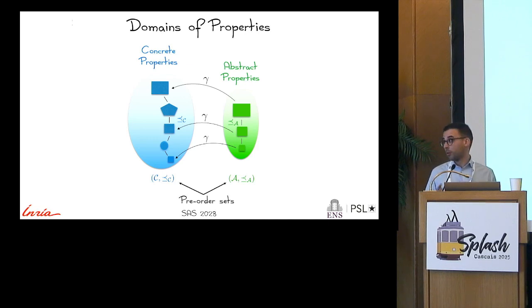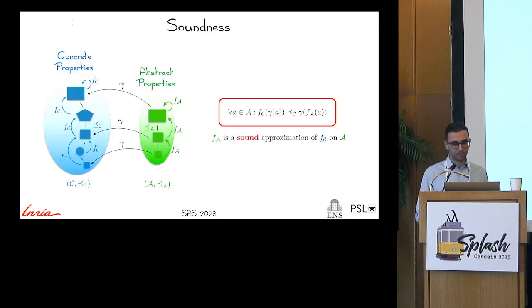For our purposes, we are just requiring a very small structure between the concrete properties and the abstract properties. So we require at least an ordering, which is a pre-order, and a concretization function from the abstract properties to the concrete properties. So it might also not enjoy the Galois connection.